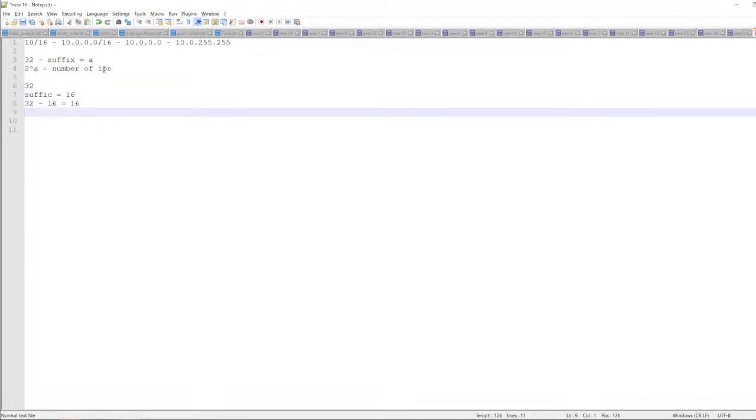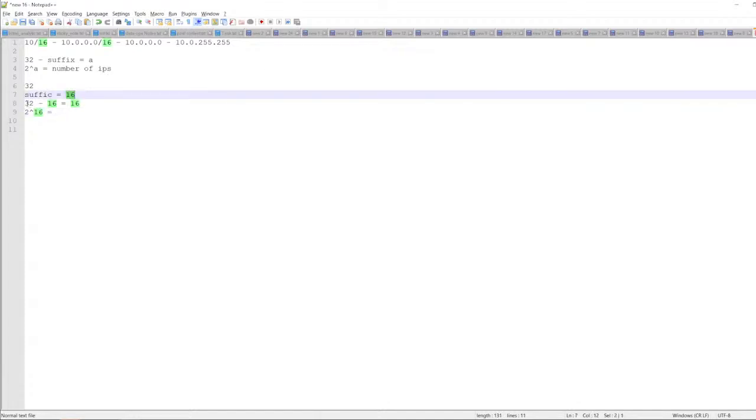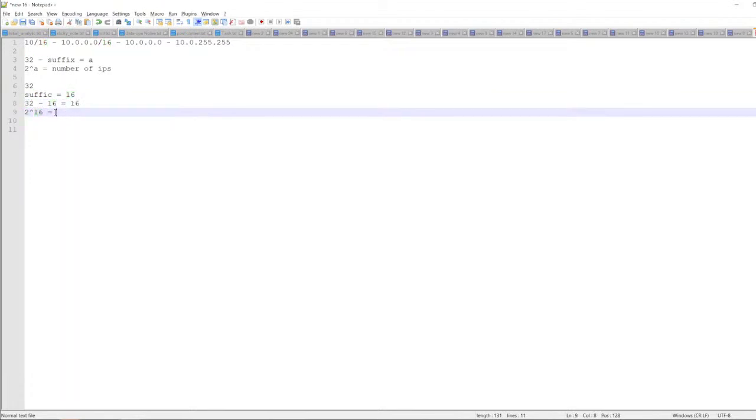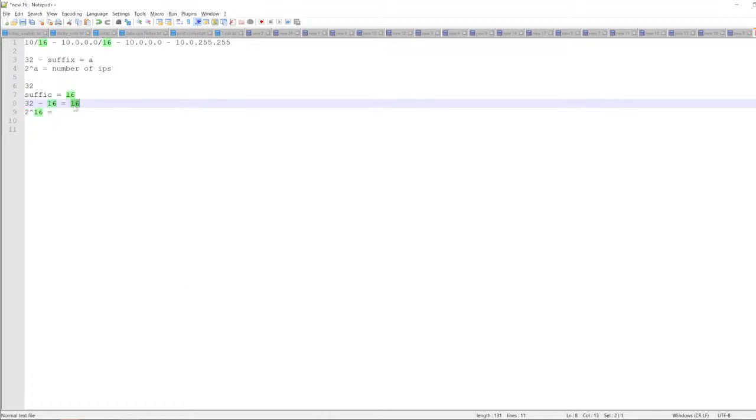So what you found, you have to take it as the power of 2. Here we have the suffix as 16. We subtract 32 minus 16, and again we get 16, and the total number of IPs is 2 to the power of this remainder. So what is this value?